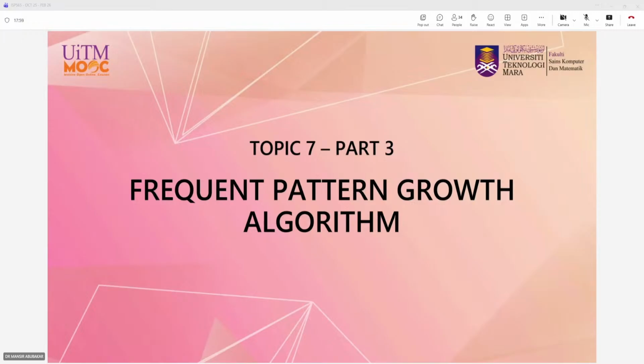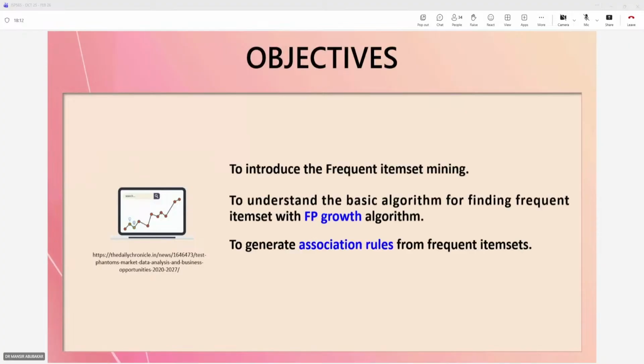So today, inshallah, we are going to complete the third part. We are going to talk about the frequent pattern growth algorithm, known as FP growth.